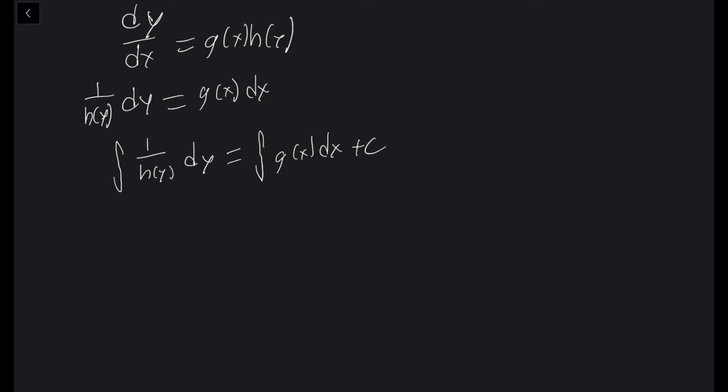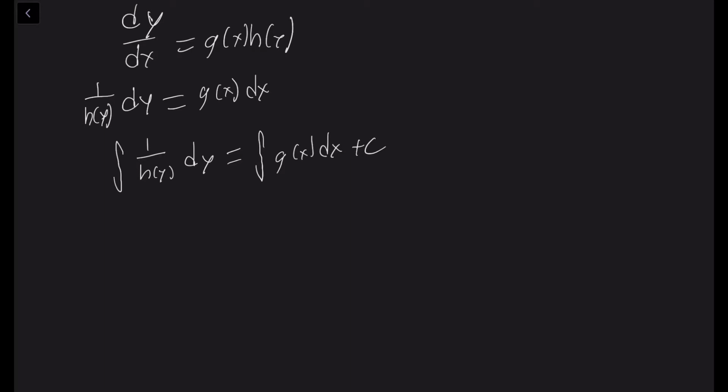Now, technically, there is a c1 on one side and a c2 on the other. But since we don't know the value of the constant c, we can add them together and make it just c. And that just simplifies stuff later on down the line. And this would be an implicit solution.